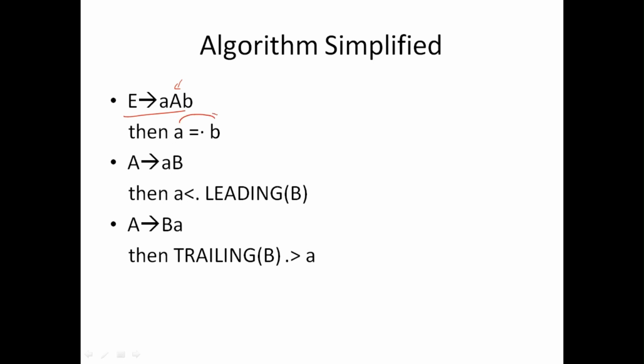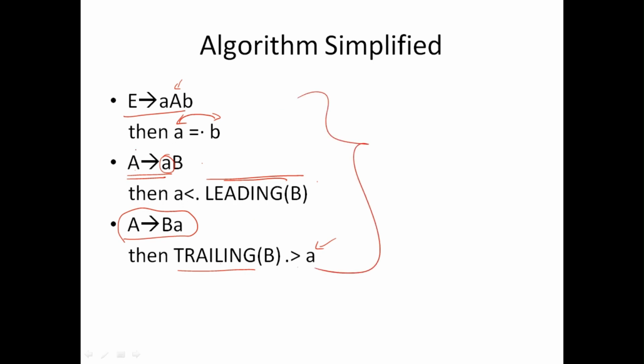Then A is at the same precedence level as B. Suppose A is rewritten as AB, then A gives precedence to leading of B. Suppose A is rewritten as BA, then trailing of B takes precedence over A. In this way, you are going to compute the precedence relation between the terminals and construct the parsing table.